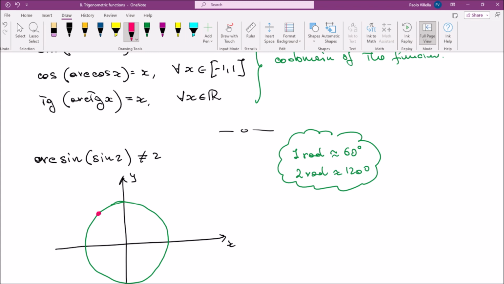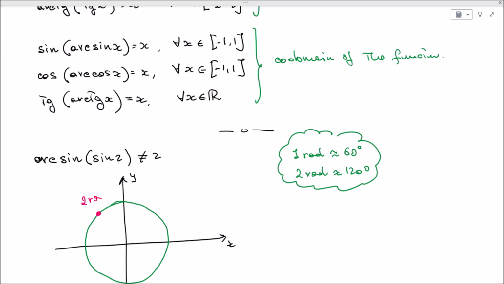So this would be 2 radians, the arc of 2 radians. So that implies that this would be the sine of 2. So we need to find what is the arc sine of 2.